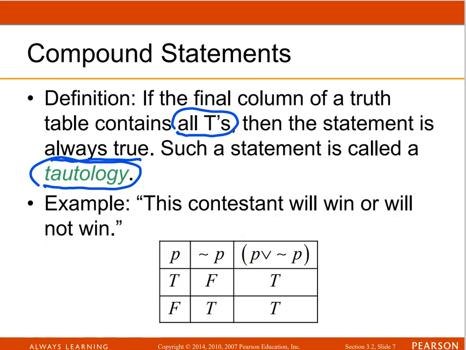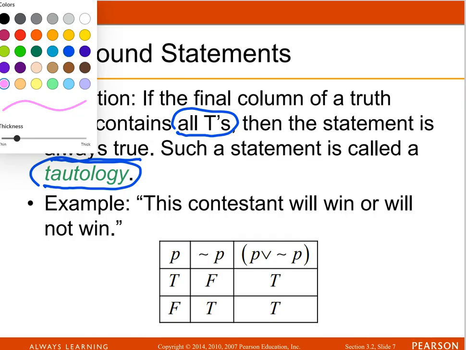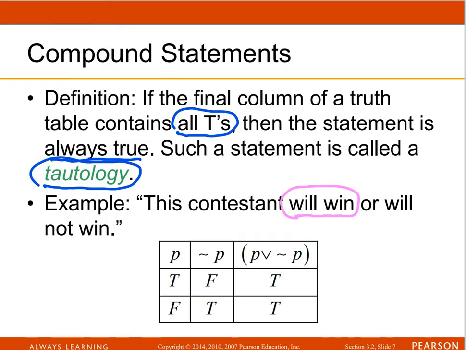Okay, so for the will win part, they're going to let will win be the letter P, which is this column here. And so it's either true that they will win or it's false that they will win.